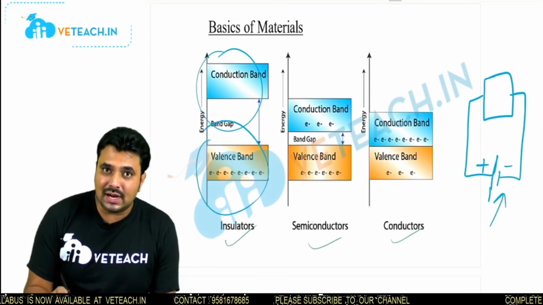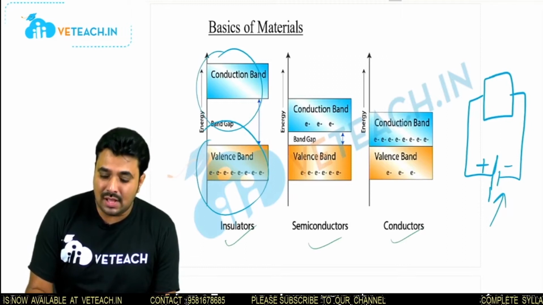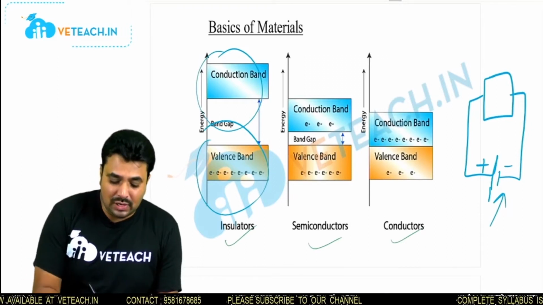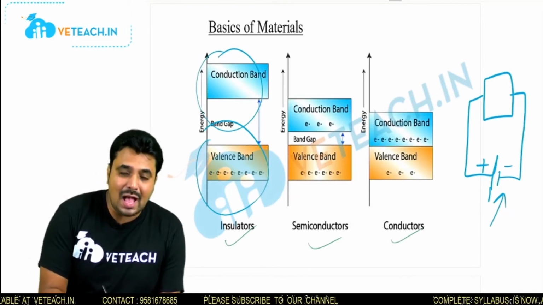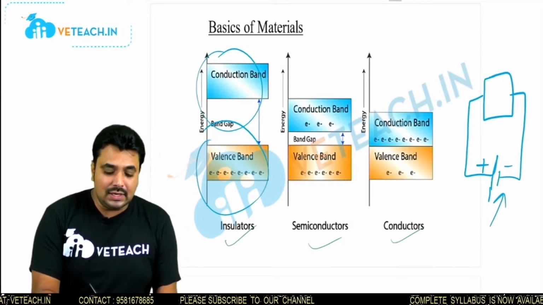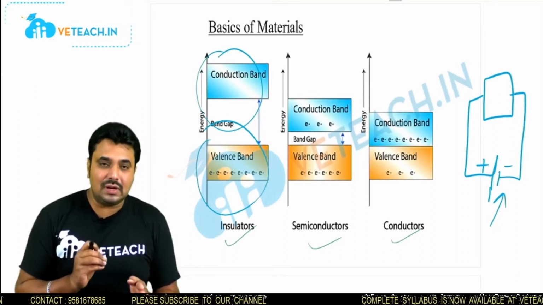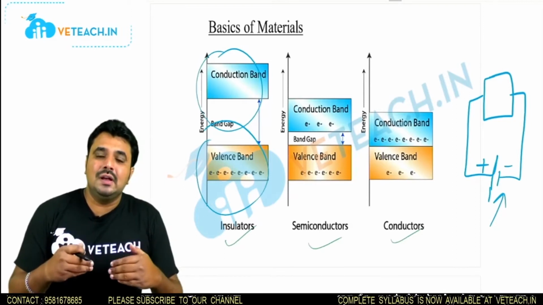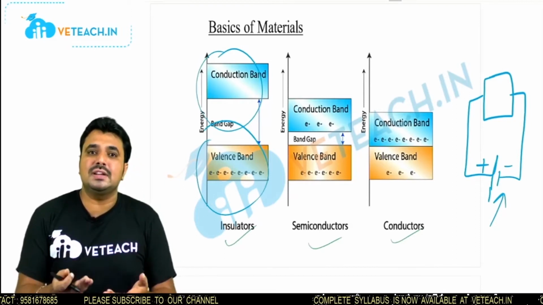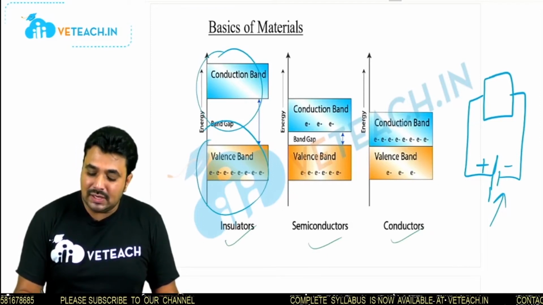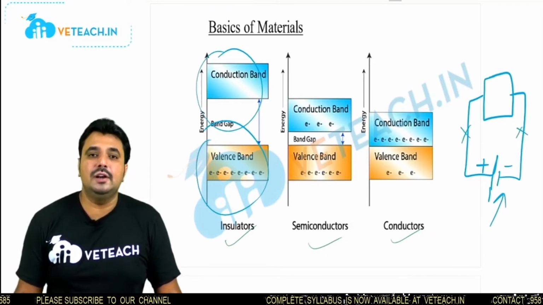That's why conduction is easily possible in conductor materials. Now for the insulators, the gap between the valence band and conduction band is large. Due to that, even if I give some voltage, the electrons will not pass from the valence band to the conduction band. So this material will not allow any current through it.